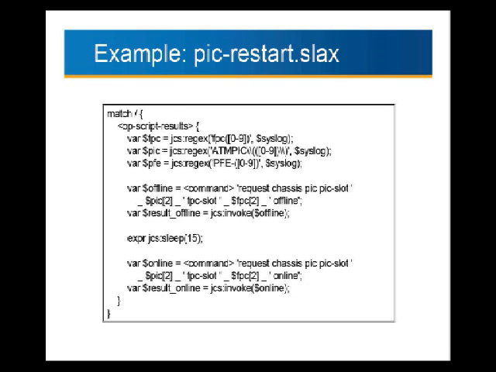So this particular script does a couple of regular expressions to pull out the FPC, PIC and PFE, and then simply issues an offline request for that PIC, and then waits 15 seconds and brings it back up.